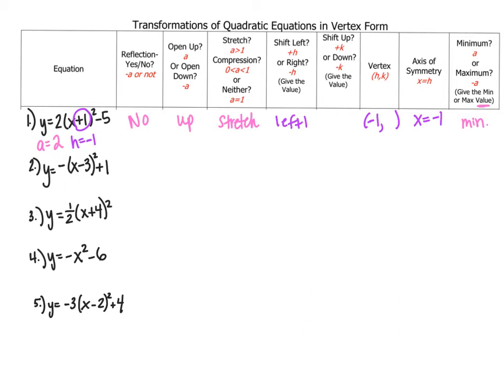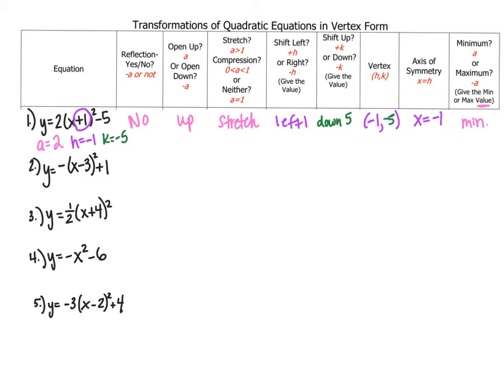All right, so the last value that we want to look at is that K value. Our K is exactly what we see in the equation, so it's negative 5. That K value, that negative 5, means that we're going to move down 5, which means our vertex is going to have a negative 5 with it.